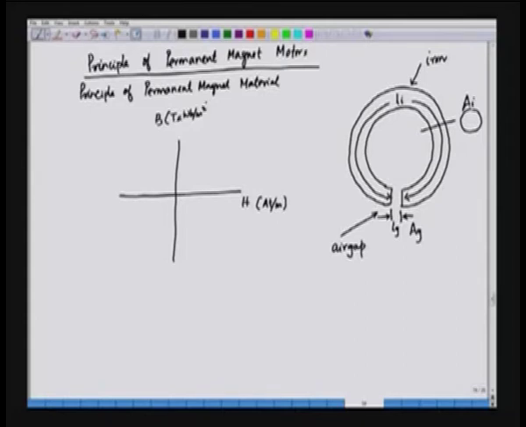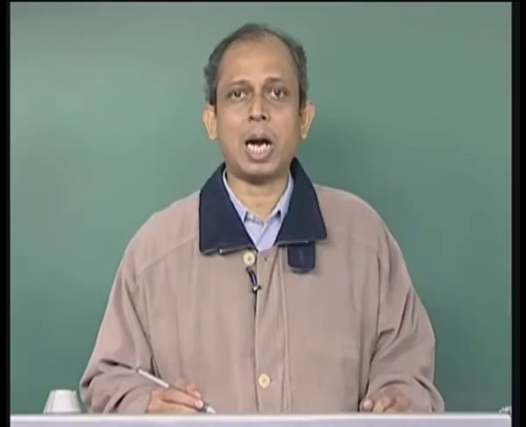Tesla is same as Weber per meter square. If we plot the BH characteristic, we have various types of material. We can have a soft material, we can also have a hard material.